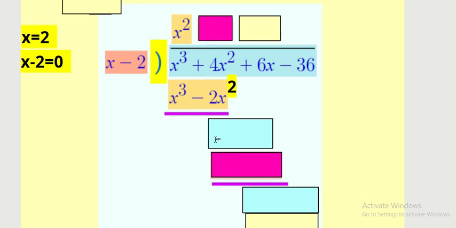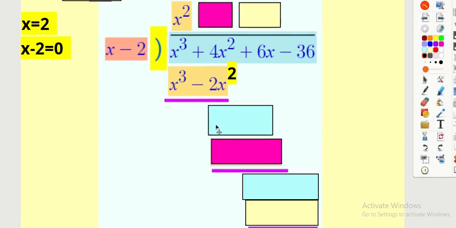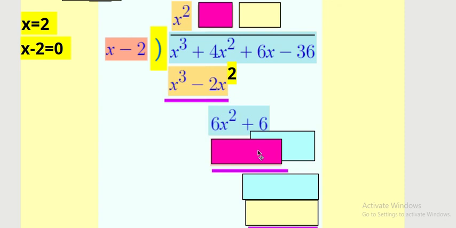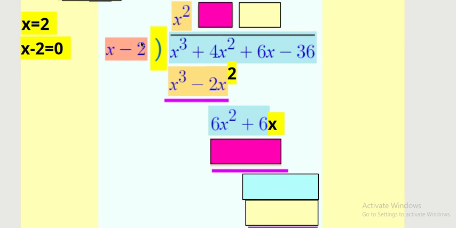So now when I add those together, I get 6x squared. And I moved a little quick because somebody might be saying, well, where'd this 6 come from? I brought down the 6, and I also have to bring down the x. So now when I go back to it, I'm looking at 6x squared plus 6x.